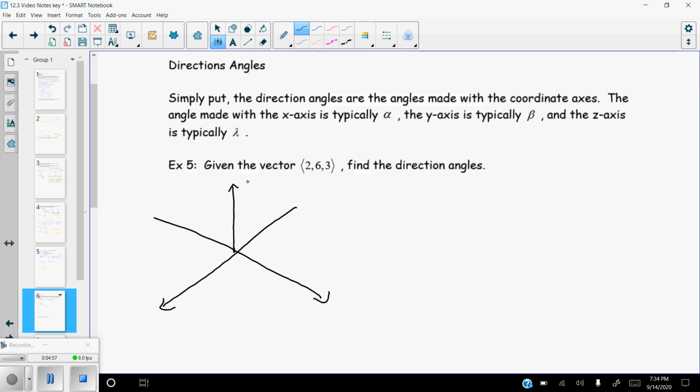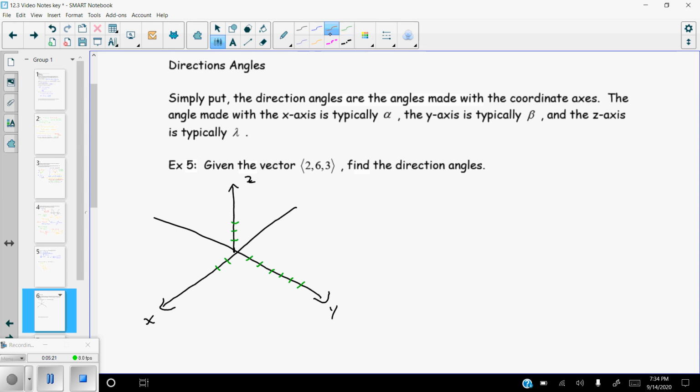So there's z, there's x, there's y. Let's see, we want to do the vector 2, 6, 3. Vector 2, 6, 3 is going to go out 2 units in the x direction, 6 units in the y direction: 1, 2, 3, 4, 5, 6. And then 3 units up in the z direction.